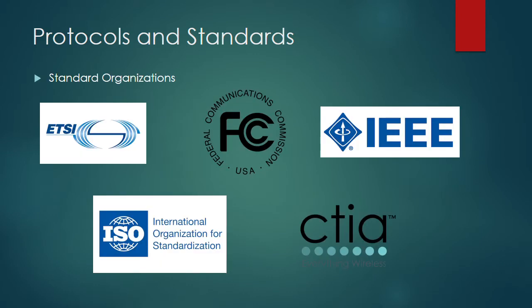In the next slide, we see standard organizations. There are so many standard organizations, and mainly we are focusing on a few. One is IEEE. IEEE standards are the most widely used standards for wireless communication.